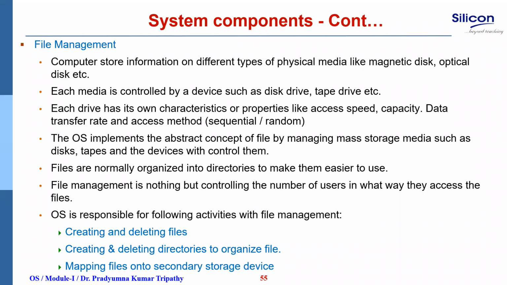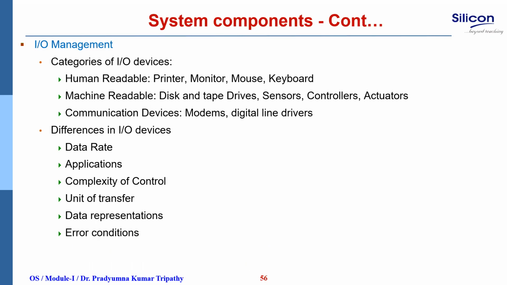Because the way you store the file is the same file. If I copy it to a pen drive, a tape drive or a hard disk, it will be stored in three different manners. But while reading, I must get the same content. So mapping is required, and this is being given by file management.